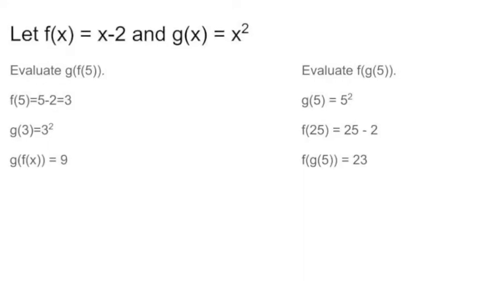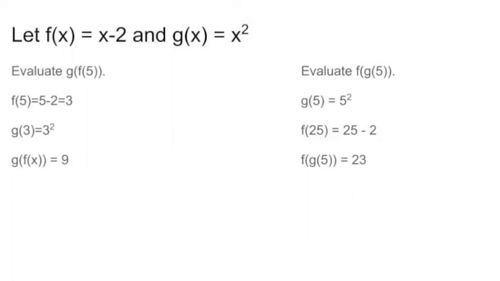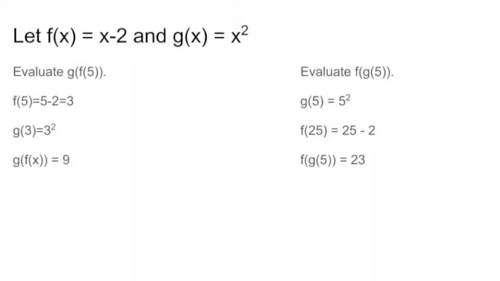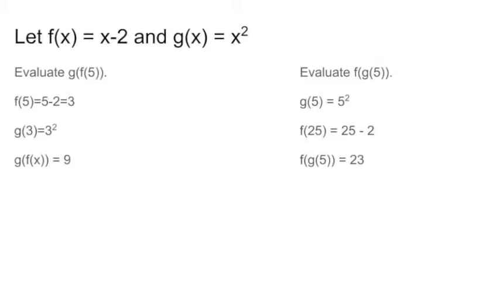So in f of x, we plug in 5 for x, we get 5 minus 2, which is 3. So then we take that value and plug it in for the outer function, which is now g of x. So we plug the 3 in for the x in g of x, and we get 3 squared, and 3 squared is 9. So g of f of 5, sorry, that x should be a 5 there. g of f of 5 is 9.